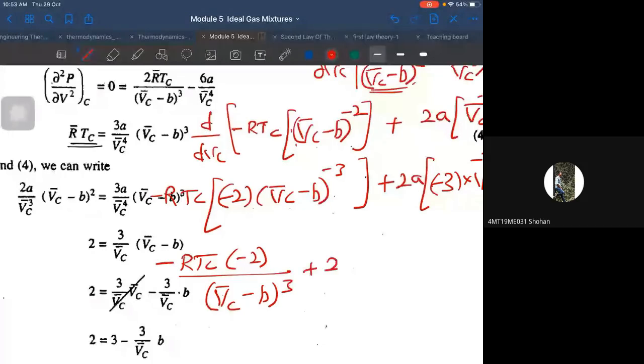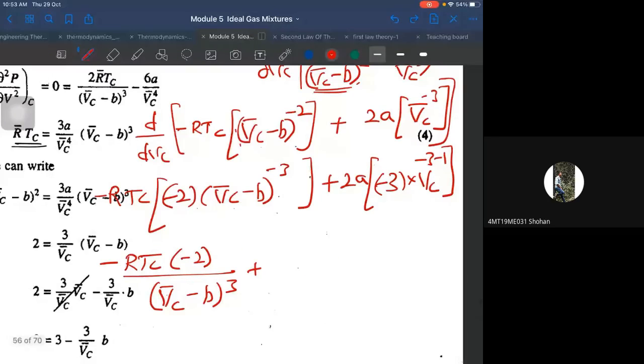Now in the other term, here it is what? 2 into 3. 2 3s are 6. Very good. 6a. So here you have a minus sign, so I can put it into the minus here.